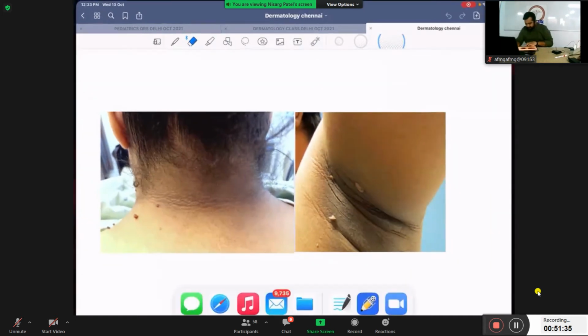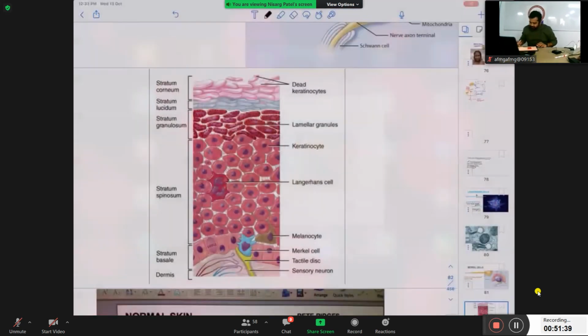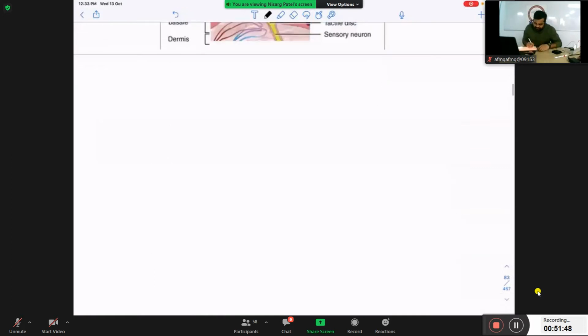So, what is the histological feature of this? What will be the histological feature? Patient has acanthosis. When there is an increase in the thickness of the skin, this disease is known as acanthosis nigricans.